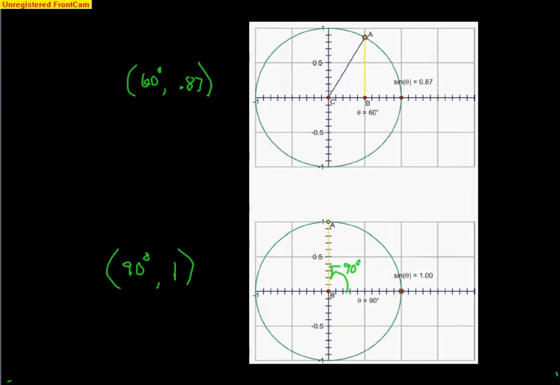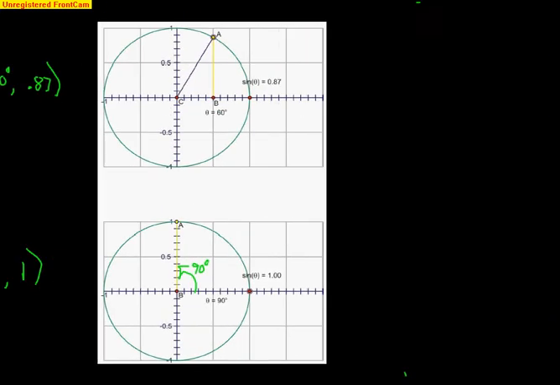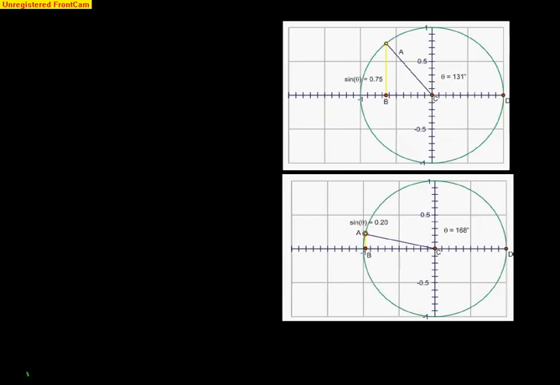Then we continue to rotate into the second quadrant. Sorry, we're moving the wrong way here. As we rotate into the second quadrant, say 131 degrees, okay? At 131 degrees, we notice that the sine value is still positive.